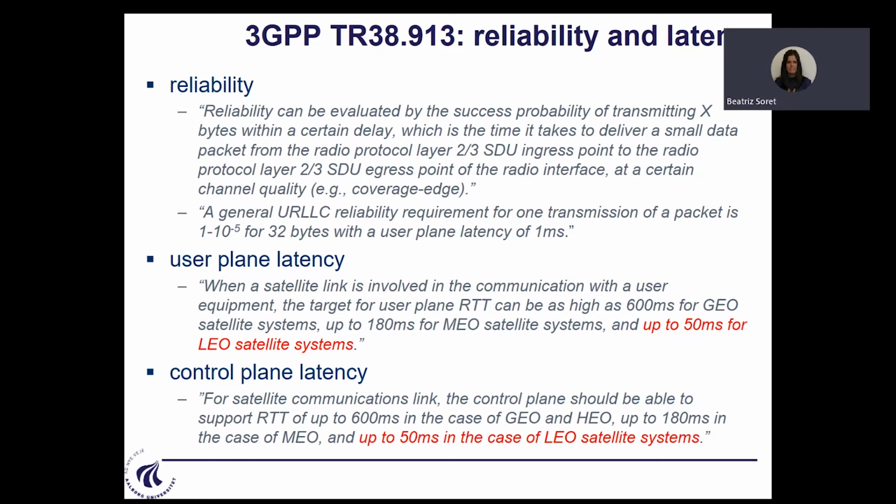But if we look at the user plane latency and the control plane latency definitions, they have added something now for non-terrestrial. For the user plane latency, there is a clause now indicating that for the user plane RTT, if you are using a LEO satellite system, it has been redefined to be up to 50 milliseconds. And for control plane, the same, up to 50 milliseconds.